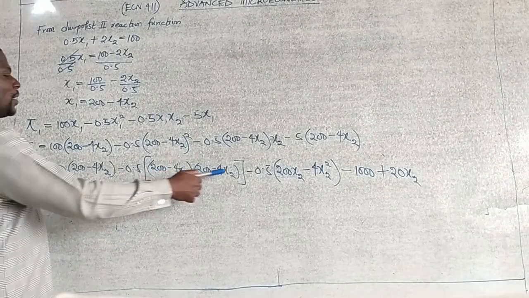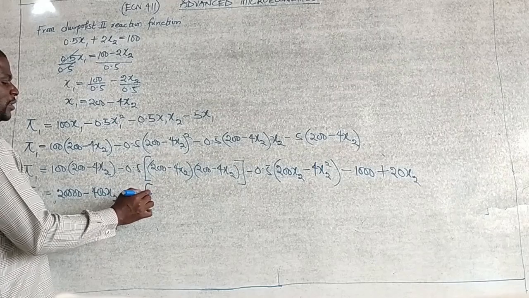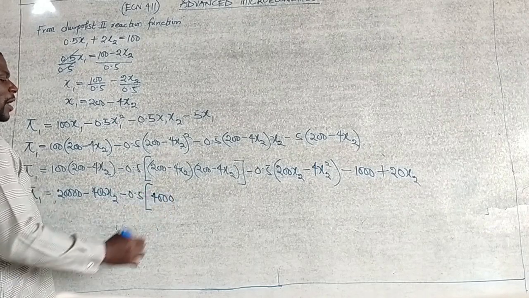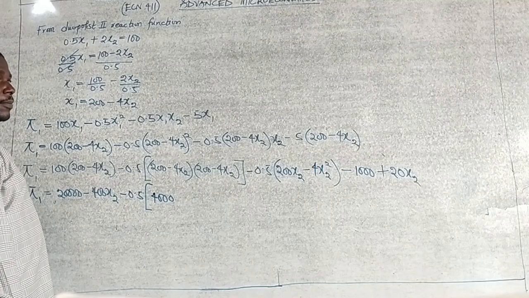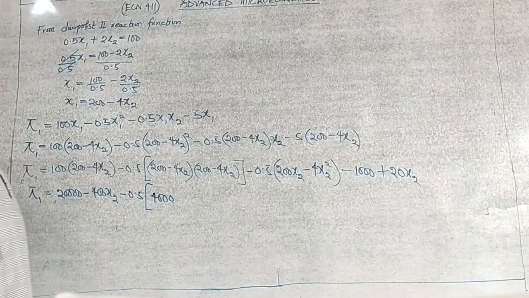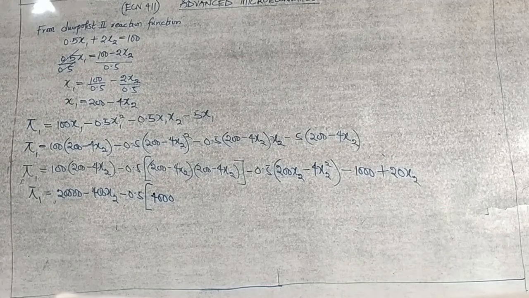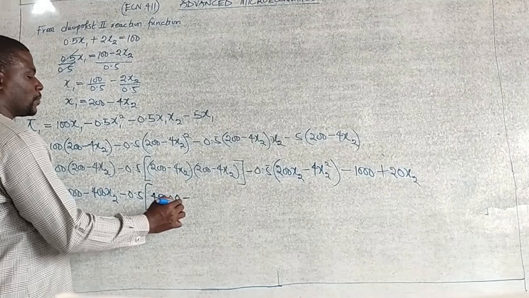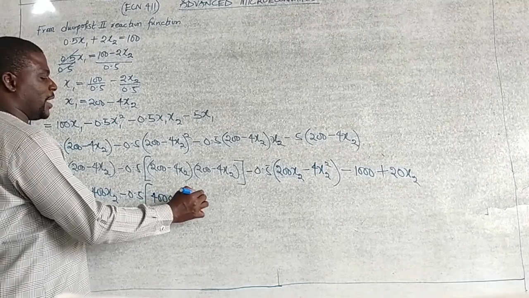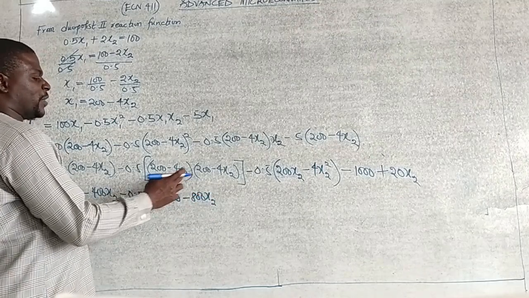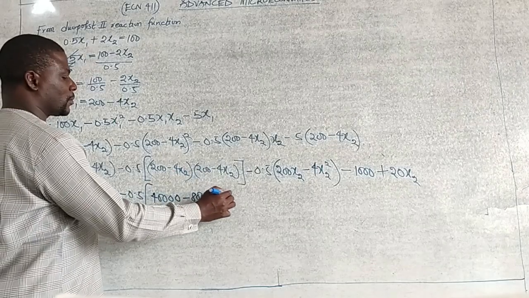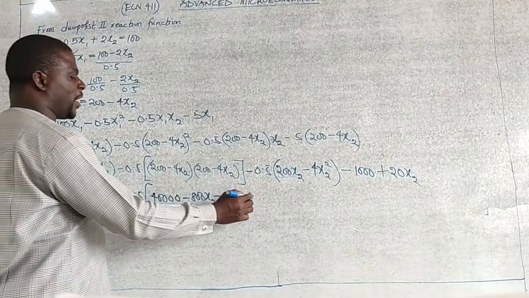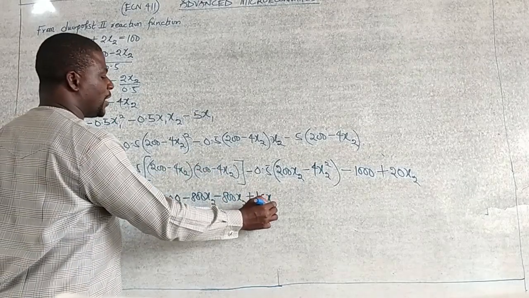Let's expand this one. 200 times 200, 40,000. Then 200 times 4x2 is 800 x2, and minus 4x2 times 200 is minus 800. Then minus 4x2 times minus 4x2 plus 16 x2 squared.